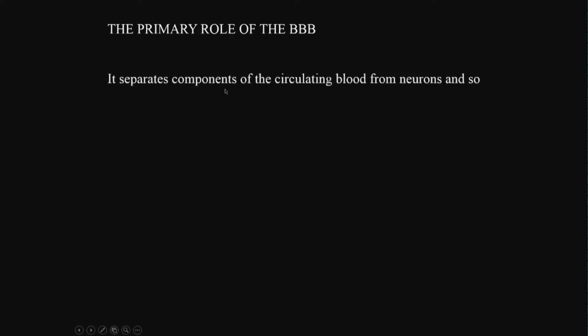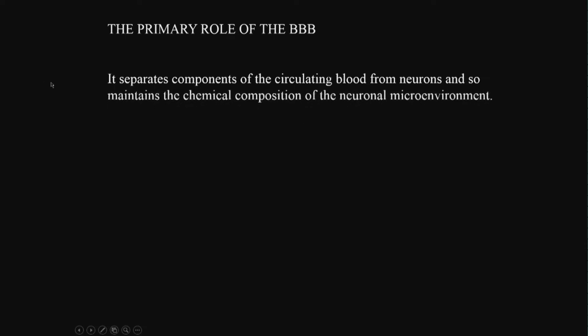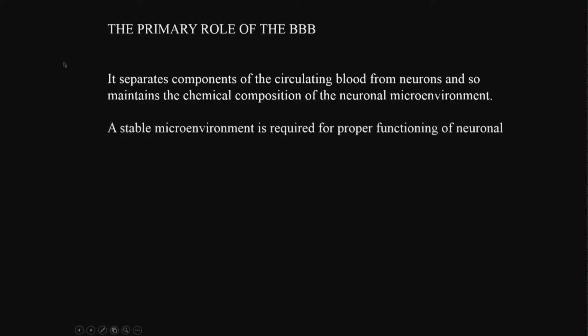Like I said, it separates components of the circulating blood from neurons and so maintains the chemical composition of the neuronal microenvironment. This is a stable environment that is needed for the proper function of these neuronal circuits. It is almost like electronic circuits inside, so as you know, you need to maintain all the conditions constant.